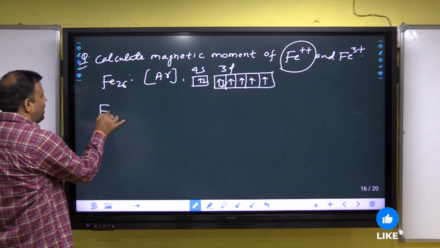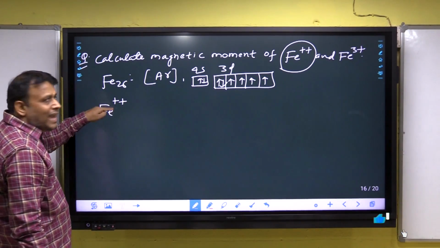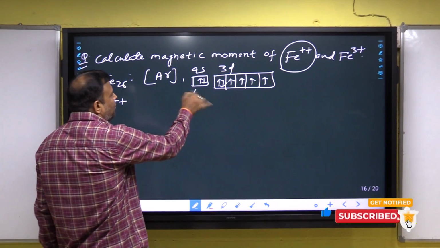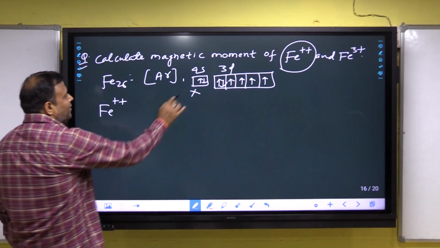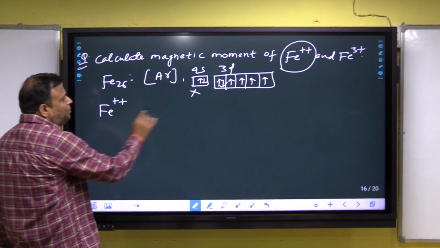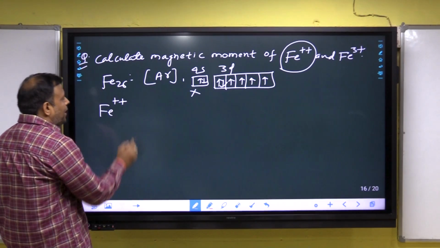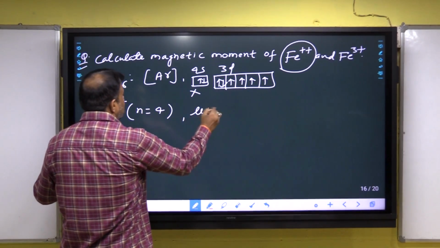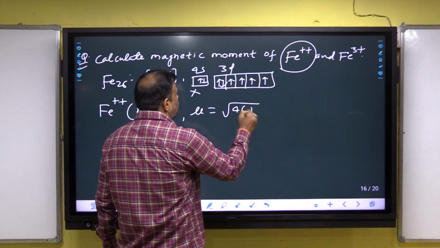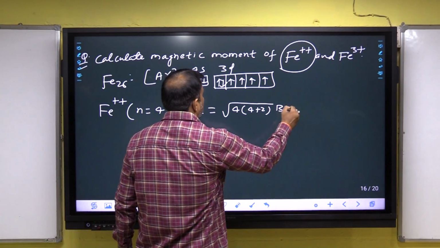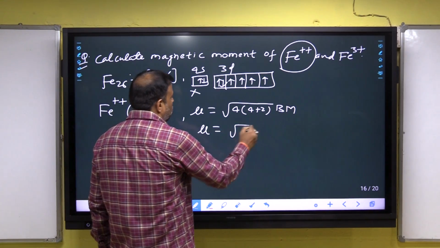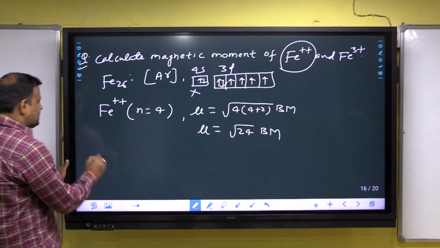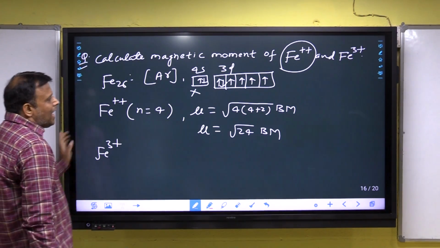In iron 2 plus, 2 electrons are removed from the iron atom, and electrons are always removed from the last orbit. Hence, when electrons are removed from 4s, iron 2 plus has 4 unpaired and magnetic moment is root under 4 into 4 plus 2 BM, which is root under 24 BM. Clear?